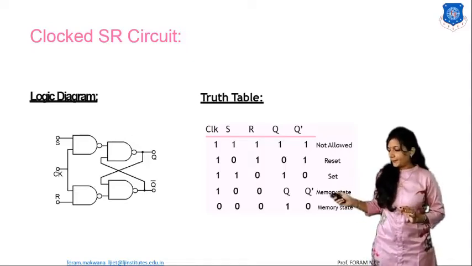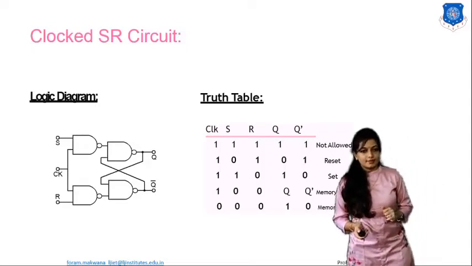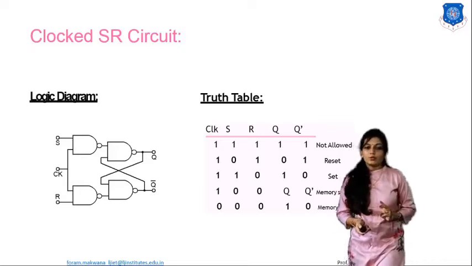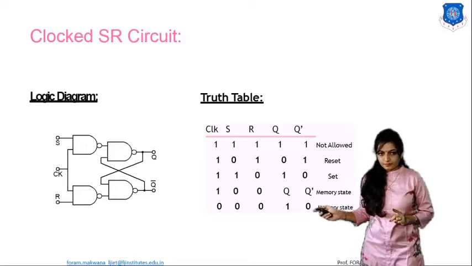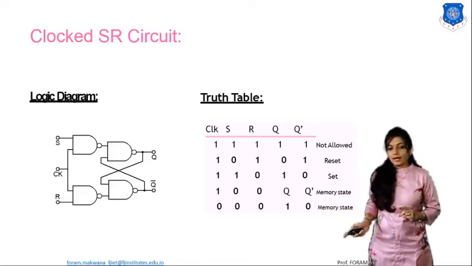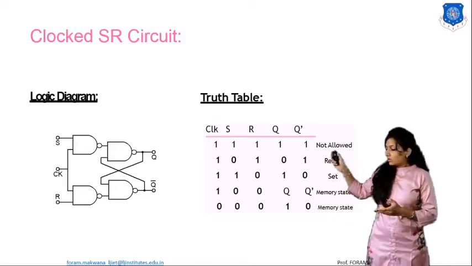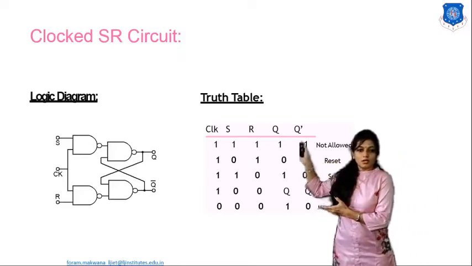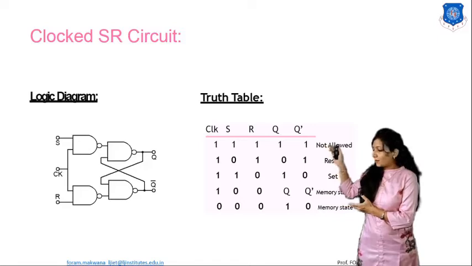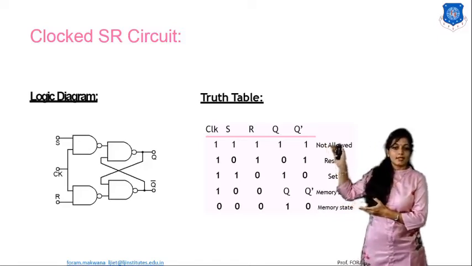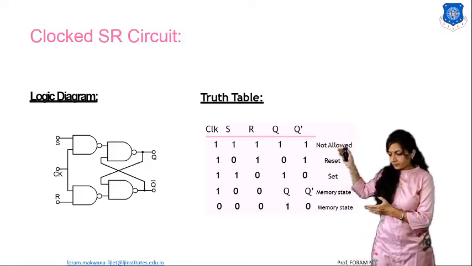This is the circuit diagram of the clocked SR flip-flop. See, the NAND gate only accepts the true input, but over here, S and R. So this cross-coupled block is the same as the SR circuit that we have discussed.